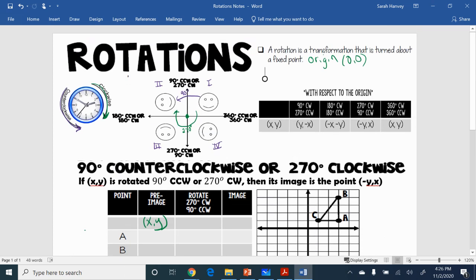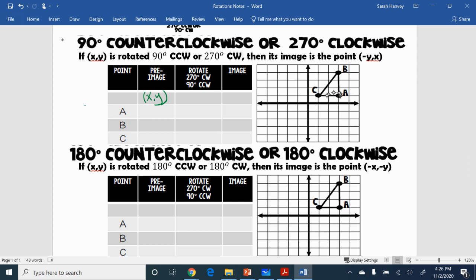Let's start with A. A is going to be 3 to the right, and up 1, so it's (3, 1). B is 3 to the right, up 4, so it's (3, 4). And C is right 1, up 1, so it's (1, 1).